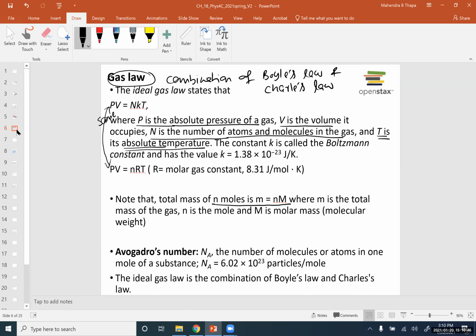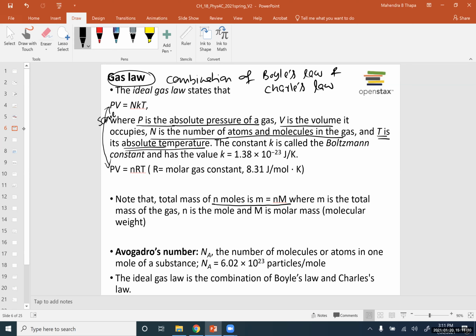So we can use either equation and you get the same result. R is called the molar gas constant, whose value is always constant, which is 8.31 joule per mole per kelvin. This concept gives the idea that these results are true only for the ideal gas.